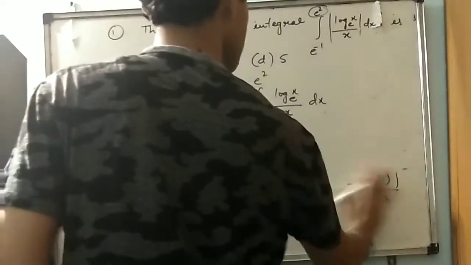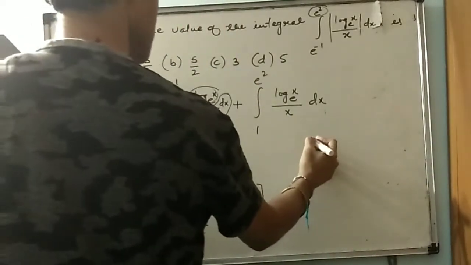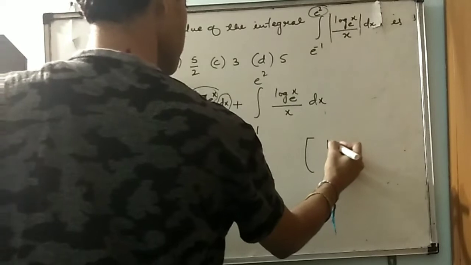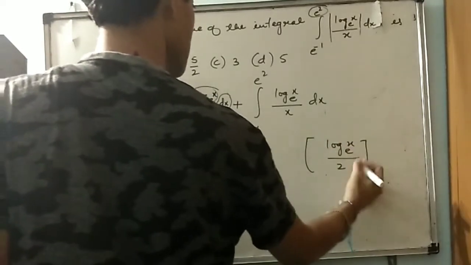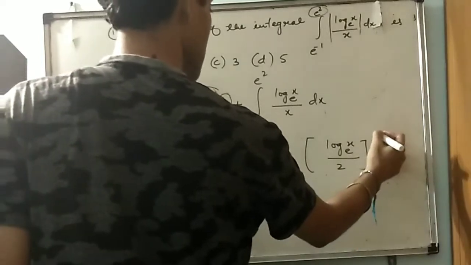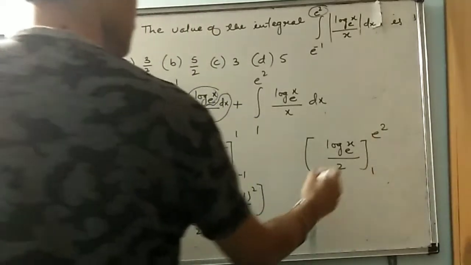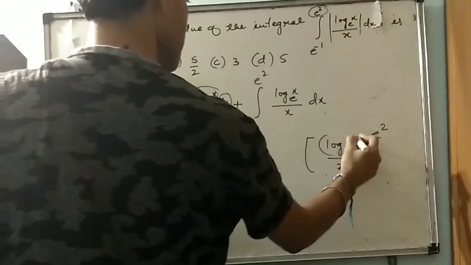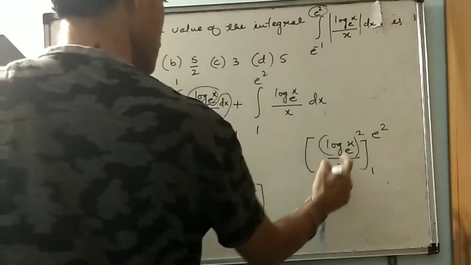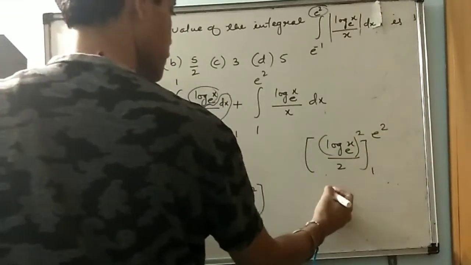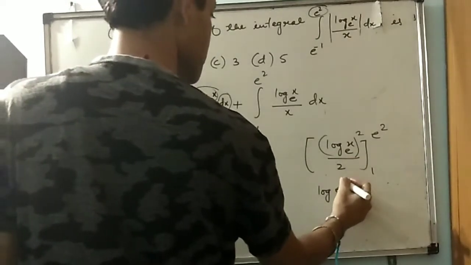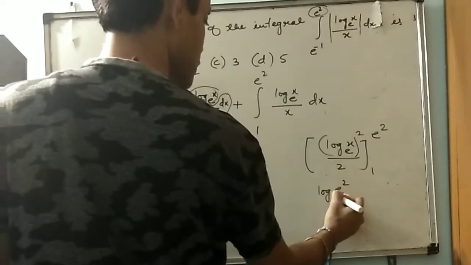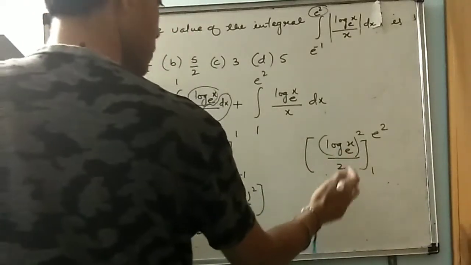Now concentrate on the second one. Second one result is same, except for the limits. The upper limit in this case is e square. So when we apply e square there, we can do it without really using pen and paper.